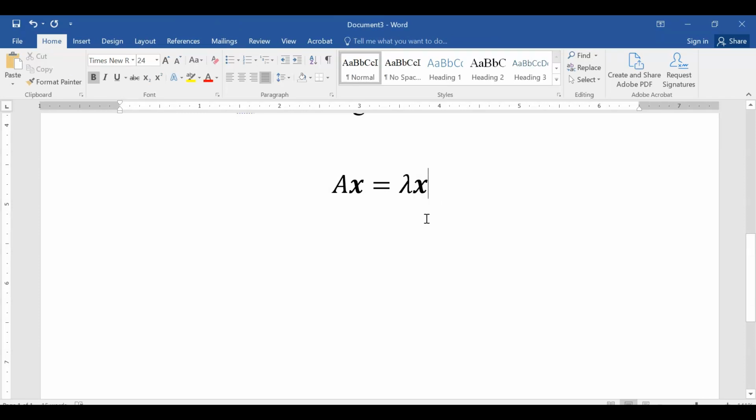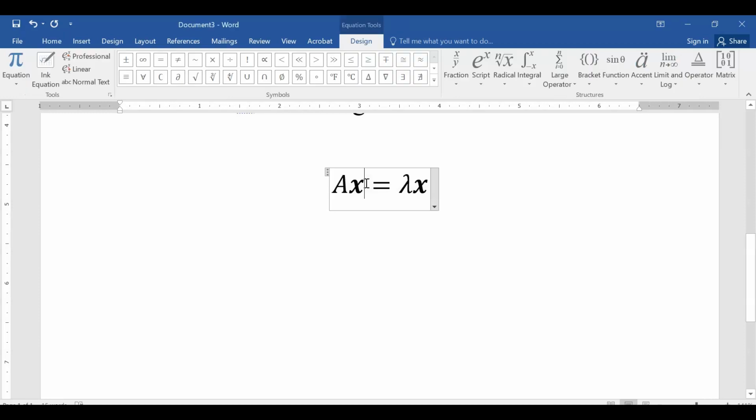So for an eigenvalue of a matrix, we have to have a non-zero vector do this. Let me explain that again. This equation is always true when I'm dealing with zero vectors. Okay?